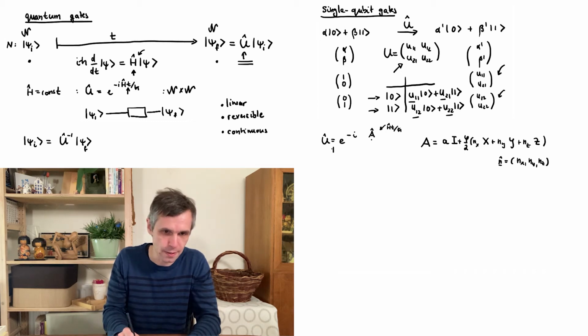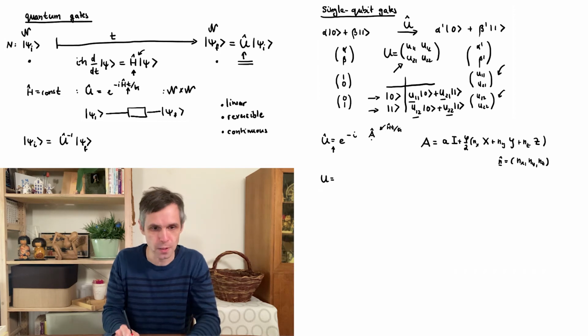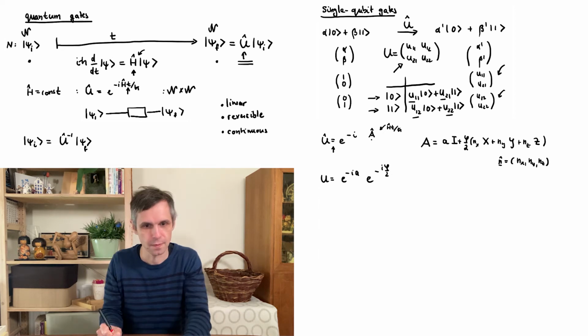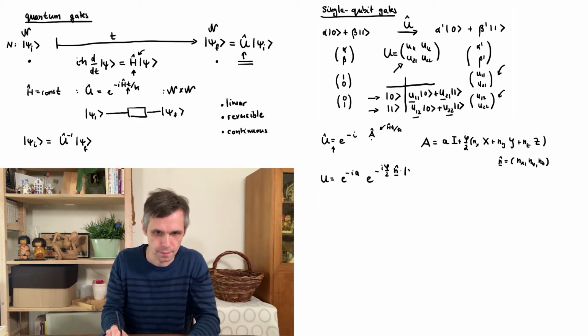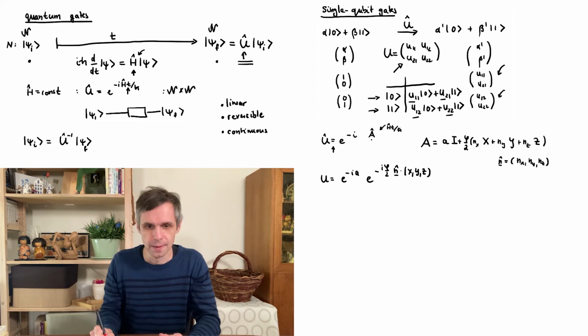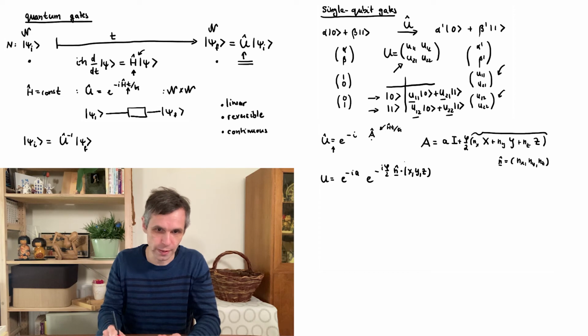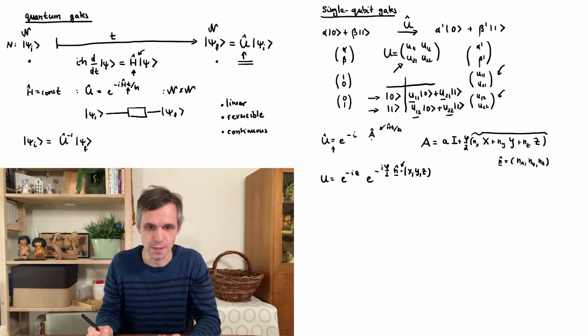Inserting this expression here, we simply then obtain a corresponding 2x2 dimensional unitary matrix written in the following form. Where we interpret all of these terms here as a dot product between the unit vector and the Pauli matrices.